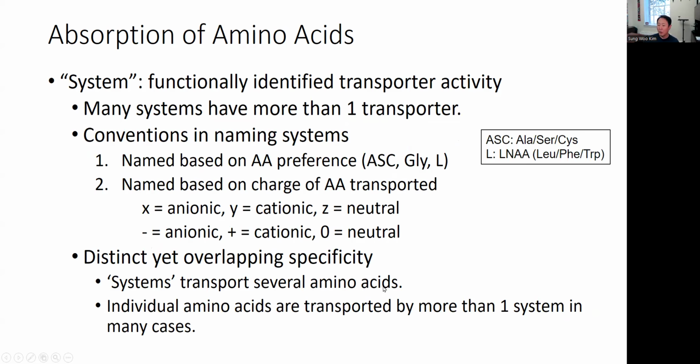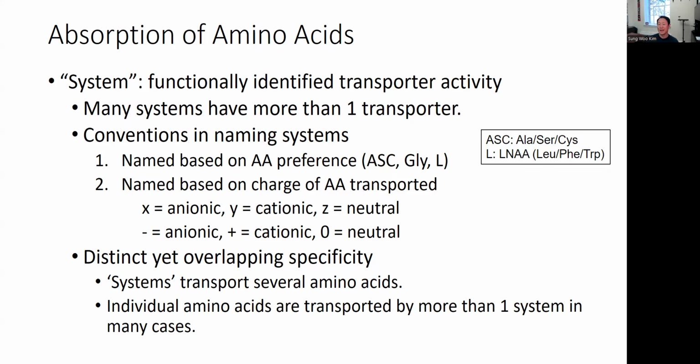Let's talk a little more about the system. They are functionally identified, and each system is responsible for transporting different types of amino acids. When I mentioned system, I said there are many of them, so they have different names.